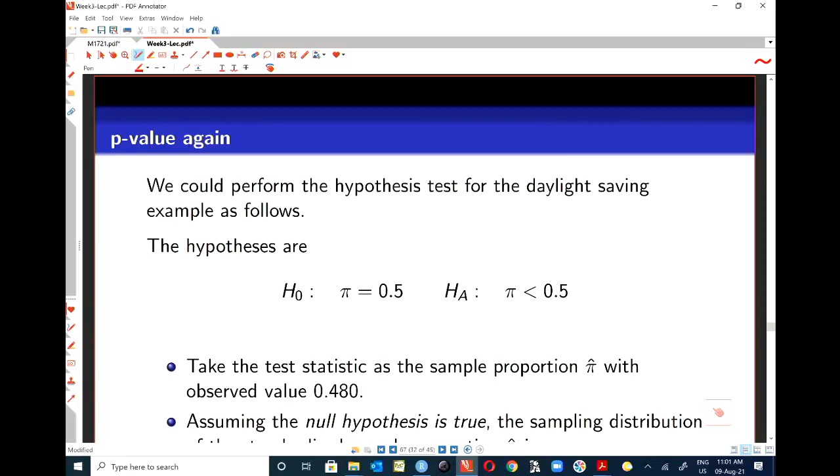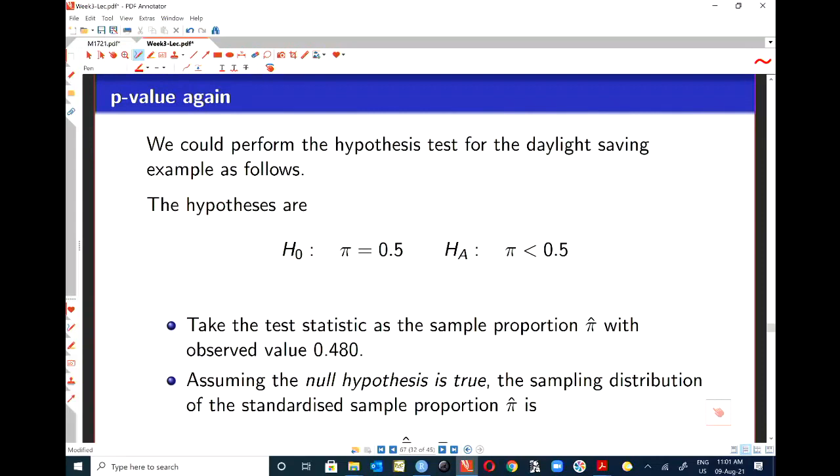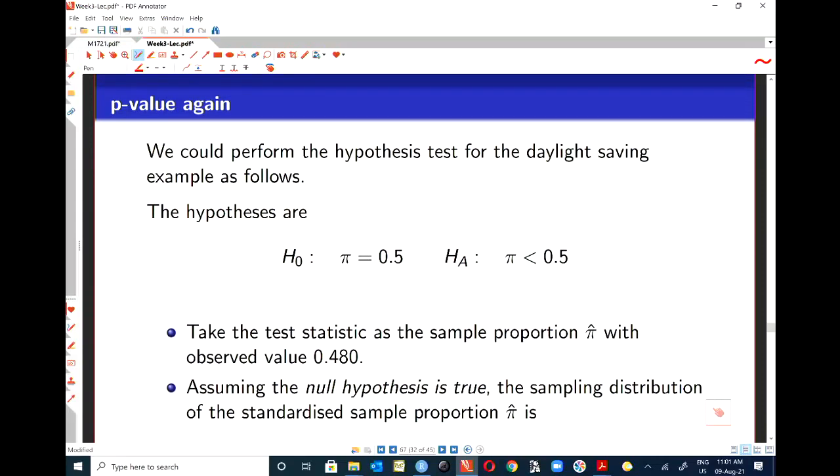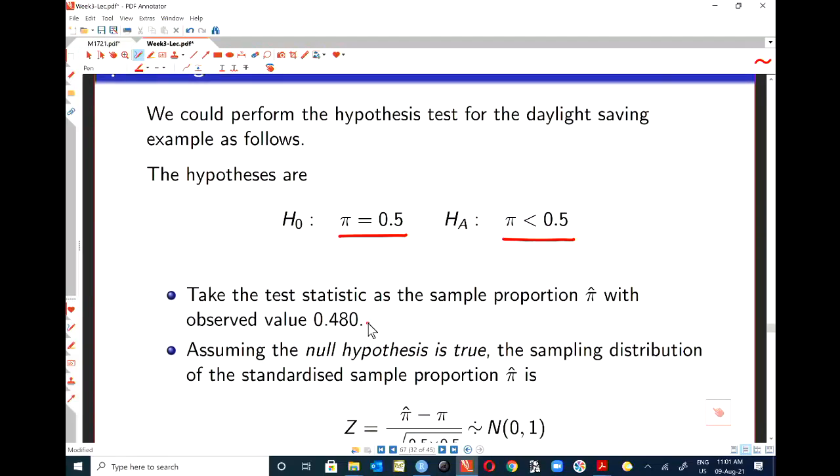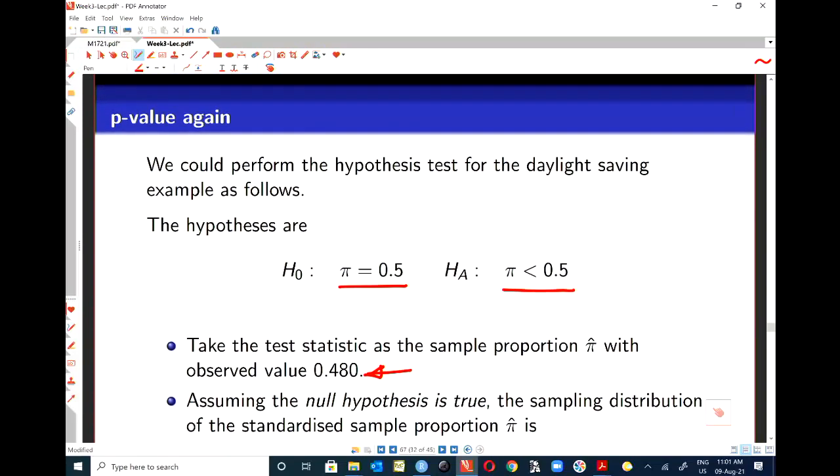But now we do. So we can use the exact binomial test, as I did before, and find the p-value from the binomial distribution. Otherwise, I can still use this idea here, and you'll see the difference in a second. I'm looking still at the same hypothesis: pi is 0.5 versus less than 0.5. Previously my test statistic was the observed number of successes, 480 out of 1,000.